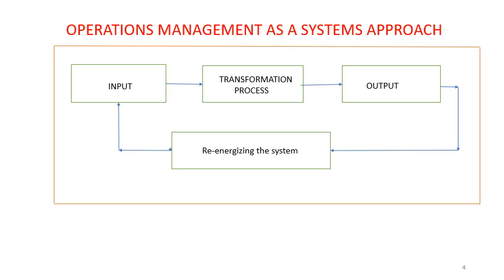So this block, this entire red line which you have seen, the outline, is the boundary of the system. Whatever inputs are transformed into the output, and the re-energizing system, act in a controlled environment bound by a boundary. And this boundary is very essential for proper running of the organization.